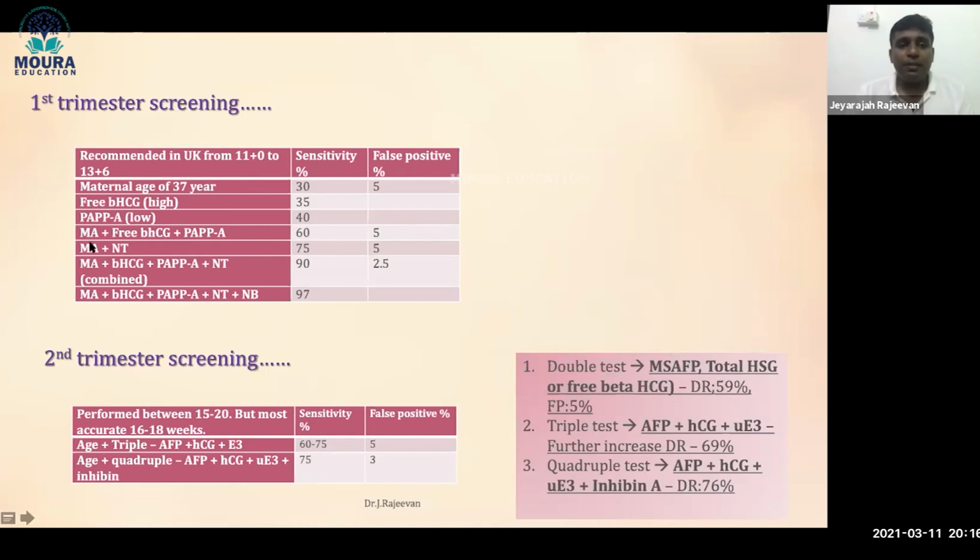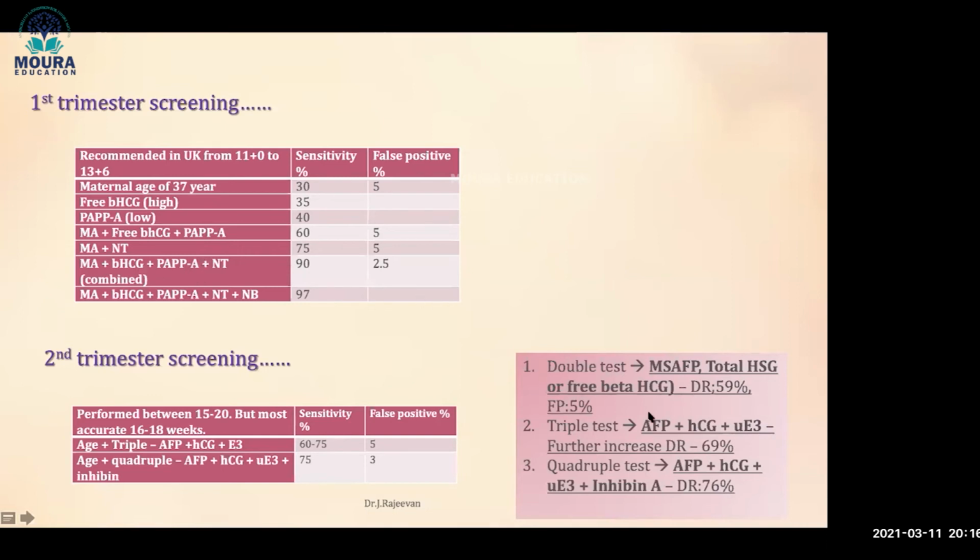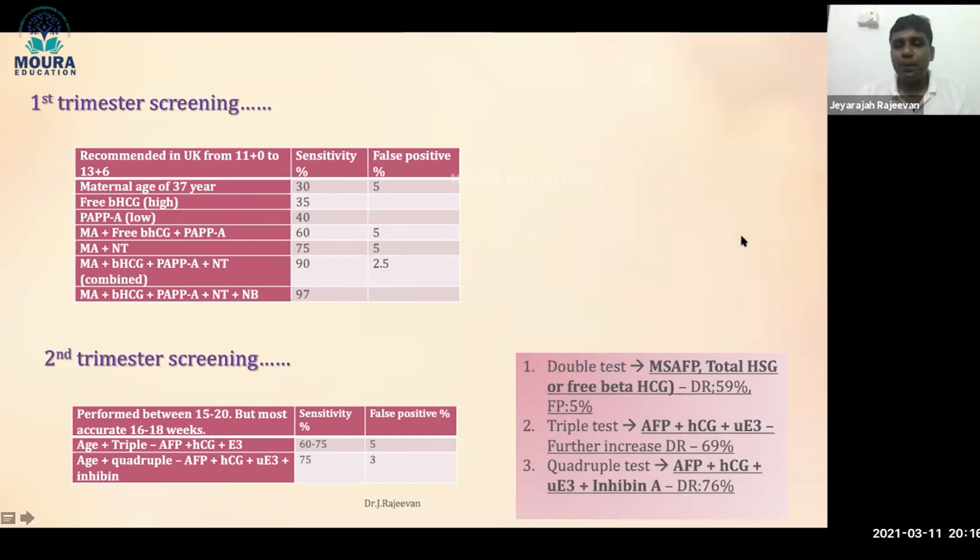When you combine maternal age and nuchal translucency, your detection rate is almost 75%. Right? When you combine everything, maternal age, HCG, PAPP-A, and nuchal translucency, your detection rate is almost 90%. So this is called the combined test. What do you understand by the combined test?